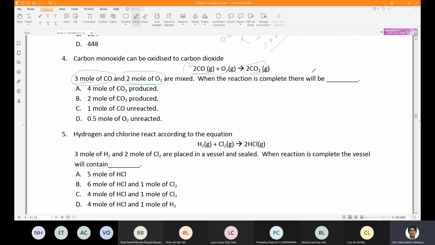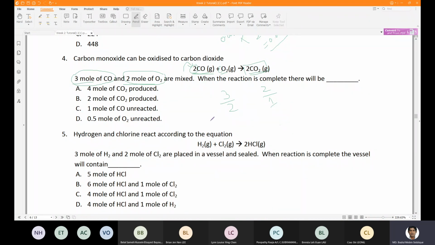So how do you find the limiting reactant? We divide the available number of moles by the coefficient of the balanced equation. Here 3 is the available number of moles for carbon monoxide, and its coefficient is 2. For oxygen, the available moles is 2 and the coefficient is 1, because when nothing is written you consider it 1, not 0.